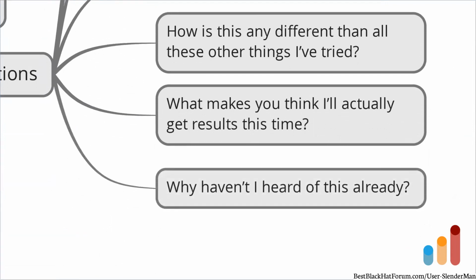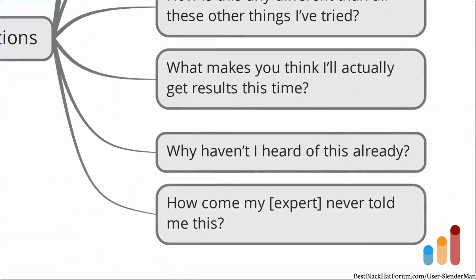Why haven't I heard of this already? If you're presenting me with a new opportunity or a prediction of something coming down the road, why haven't I heard of this solution? Well, how come my expert never told me this? So the person that you're speaking to has people of influence in their life.